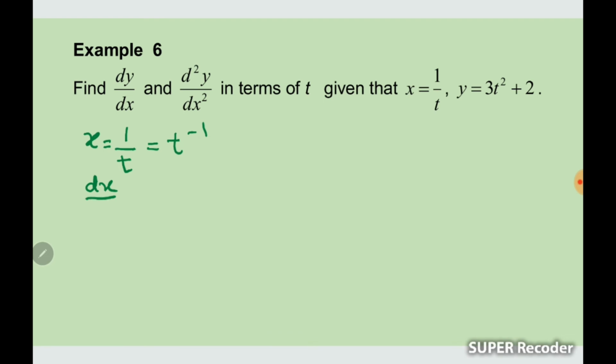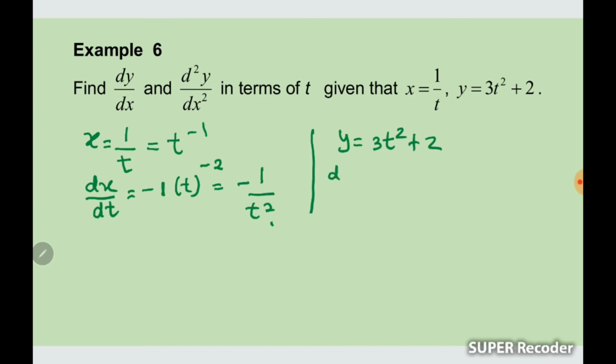Therefore, differentiate x with respect to t. dx dt is equal to negative 1, we bring in front, multiply with t to the power of negative 1 minus 1, negative 2, or you can simplify to get negative 1 over t squared. What about y? y is equal to 3t squared plus 2. dy dt is equal to 6t.